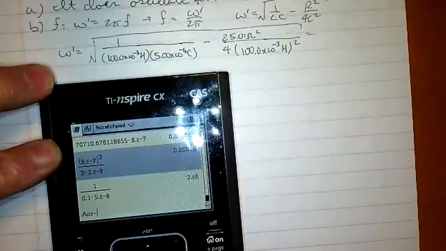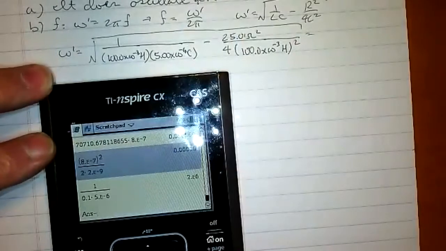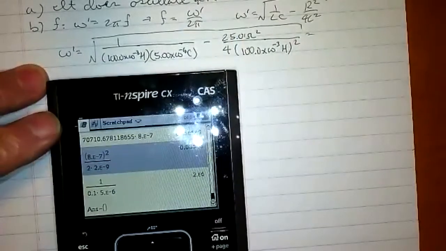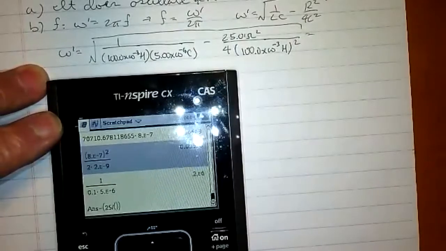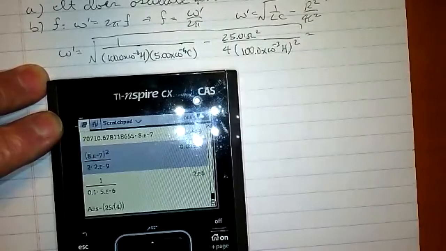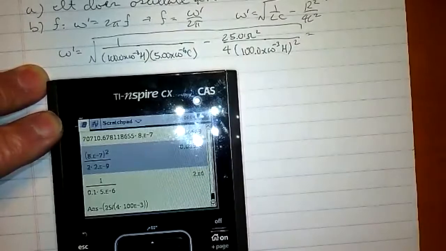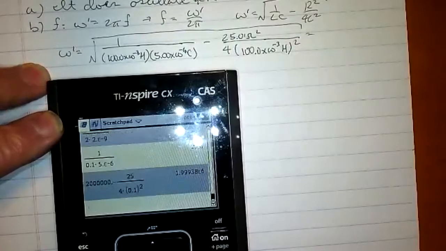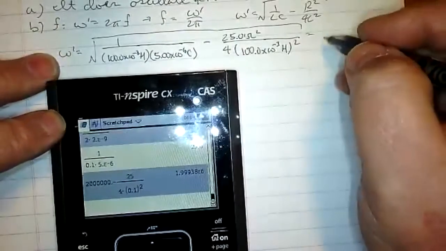I'm going to say minus. Now I'm going to say parenthesis, just to be safe, 25 divided by parenthesis again, 4 times 100 e to the negative 3, and I'm going to square that quantity.